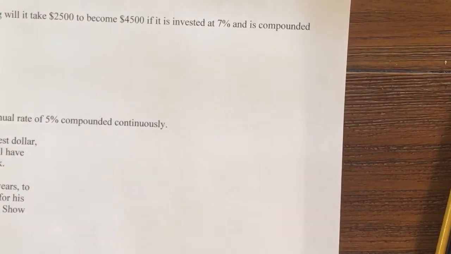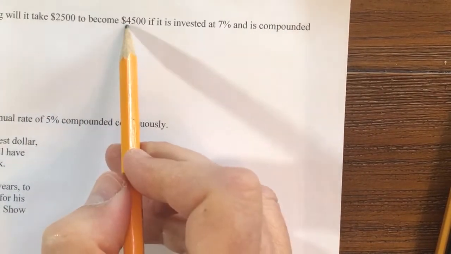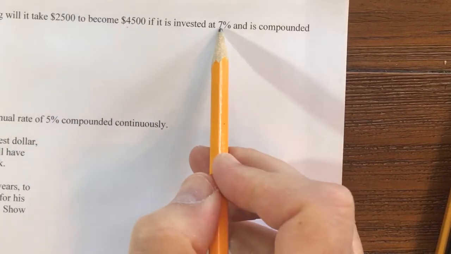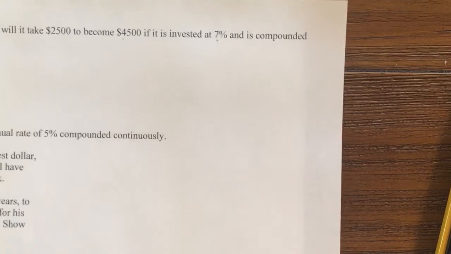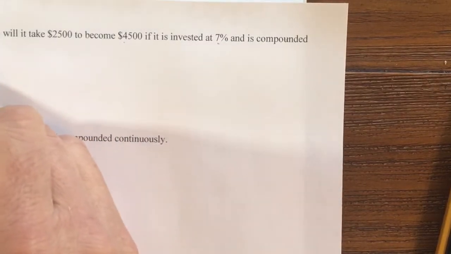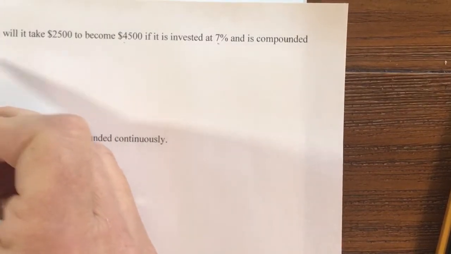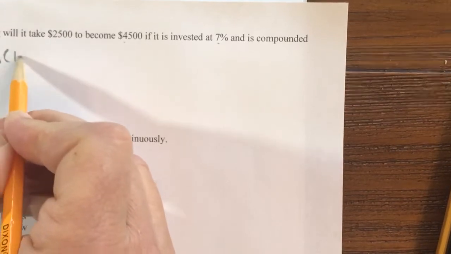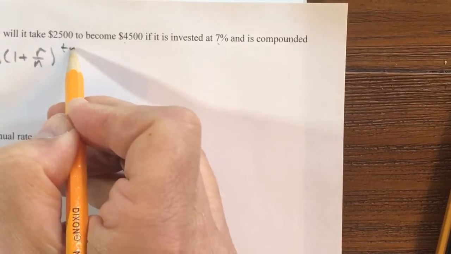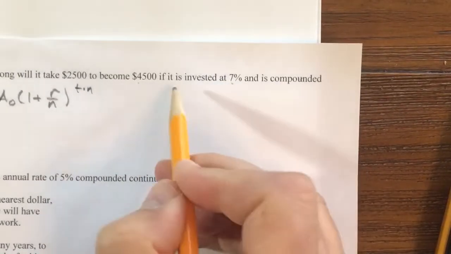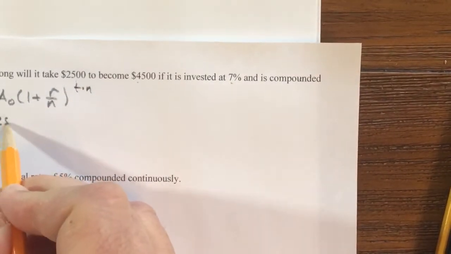How long will it take for 2,500 to become 4,500 if we invested at 7% compounded quarterly? Now, this is going to be our toughest problem, I think. We got the more complicated formula. All right, we're starting with 2,500.